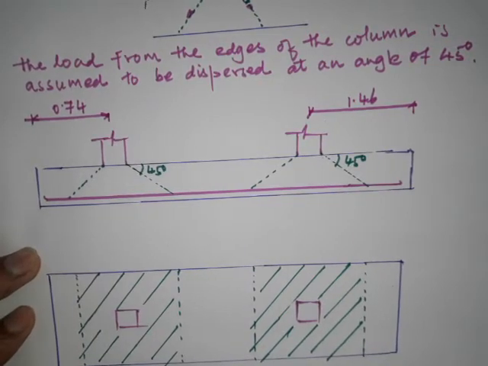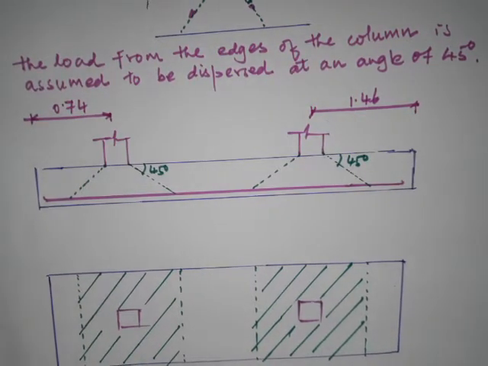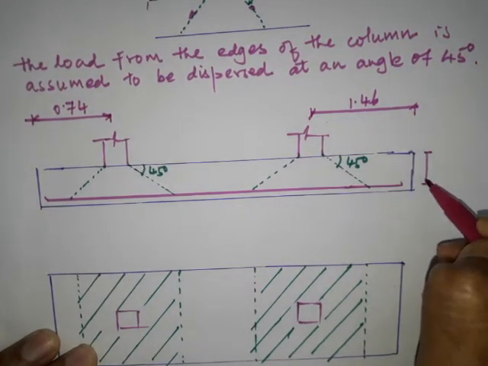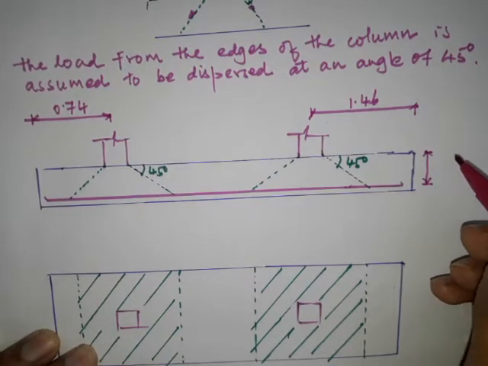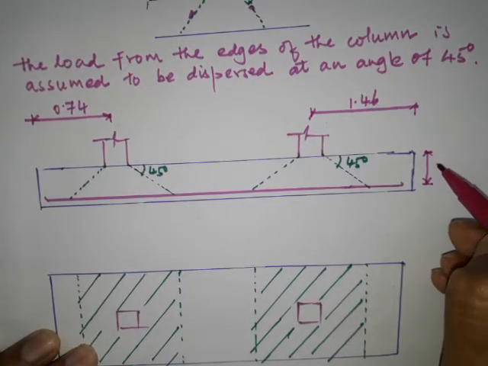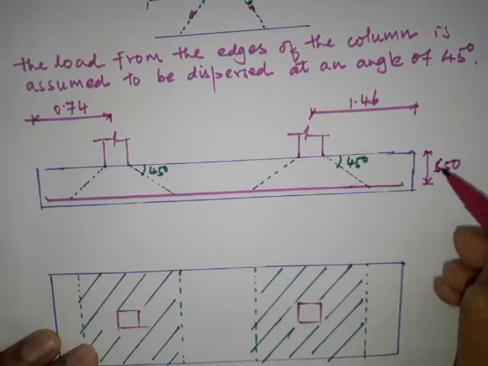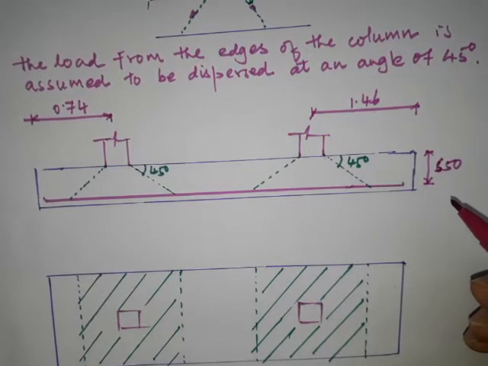And even the depth of footing, that is the effective depth we already calculated, I think it is 650 mm, correct, effective depth 650.